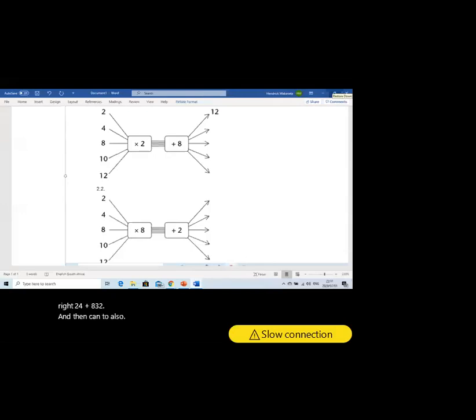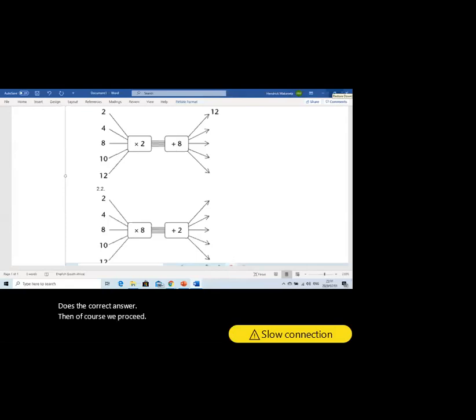Great, because if you multiply 12 by 2, you get 24, and then if you add 8 to 24, you get 32. So that is the correct answer there. And then, of course, we proceed.